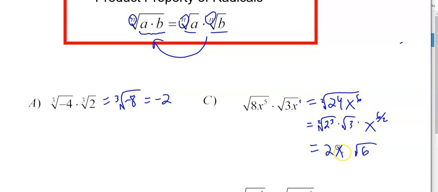X to the third is also simplified there on the outside of that. So it will be 2x to the third times the square root of 6, because there were 2 of these that come out. If you look at that, that's really the square root of 2 squared times the square root of 2 to the first. So this one simplifies, this one doesn't. So it's left over inside there. So square root of 2 times square root of 3 is square root of 6 there.